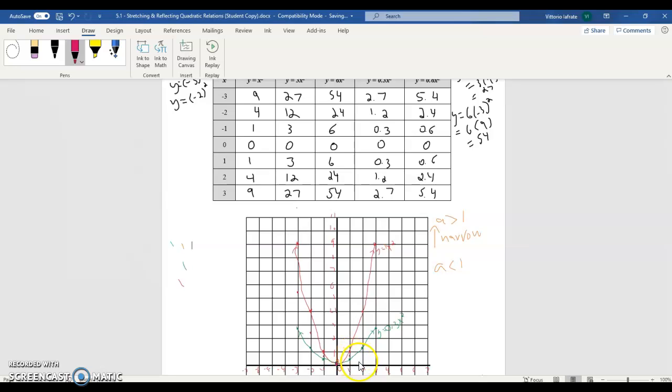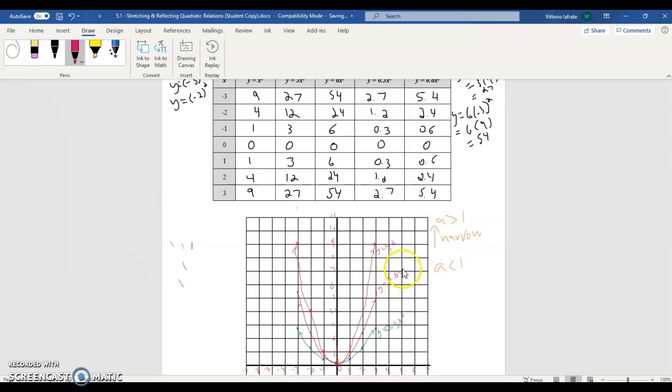Then at 2, we have 2.4, so about over here. And at 3, we have 5.4, so about over here. Then we can connect our dots. We can extend there. We can label our graph there, y is equal to 0.6x squared.